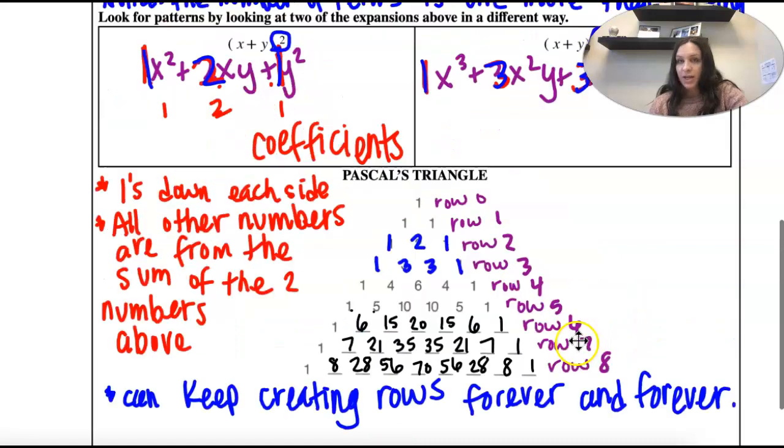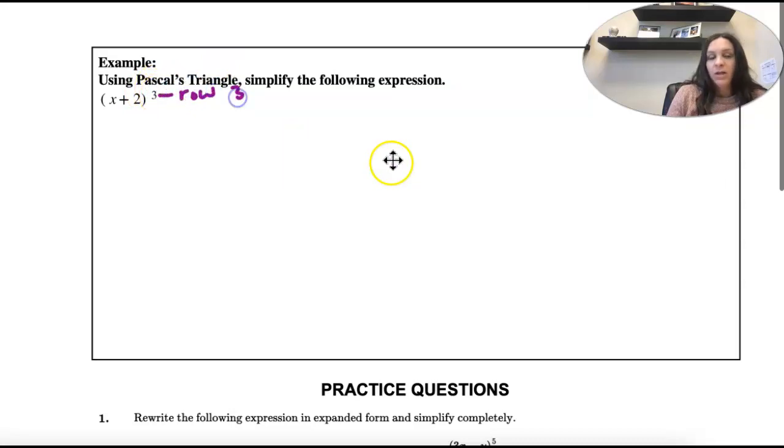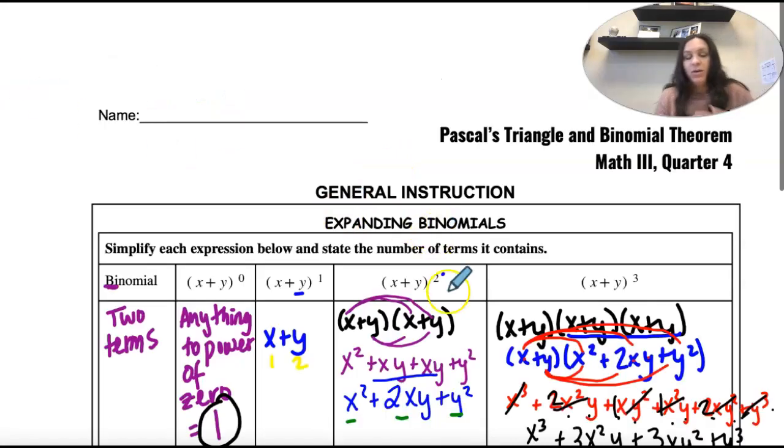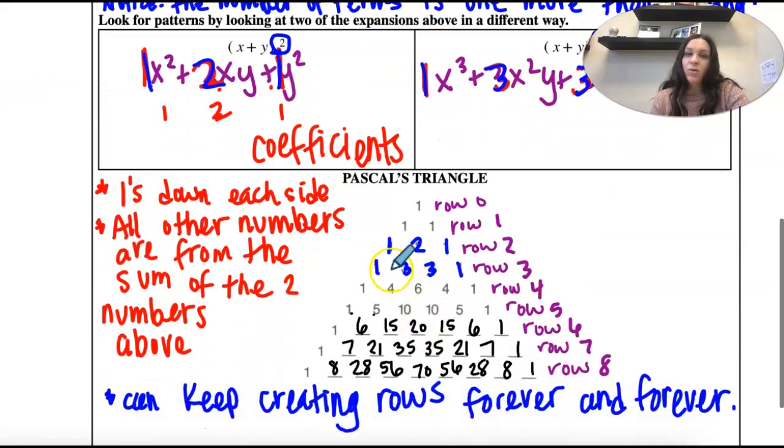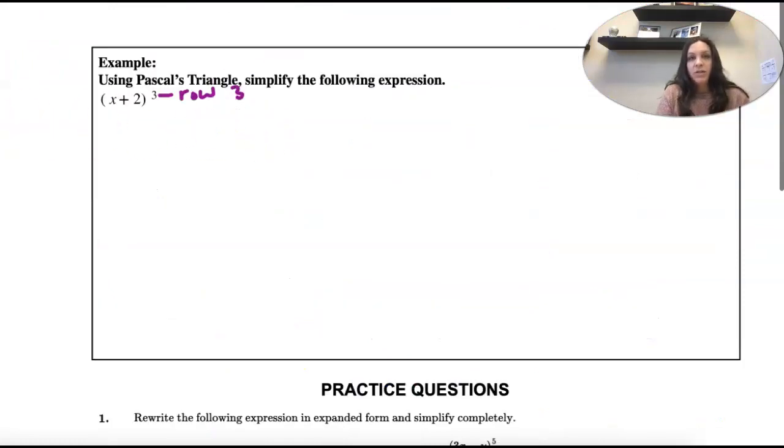So let's do an example. I know this is really long, but remember it's just one section. So using Pascal's triangle, we're going to go to row 3, and the coefficients are 1, 3, 3, 1. When you write those out, I want you to leave lots of space.